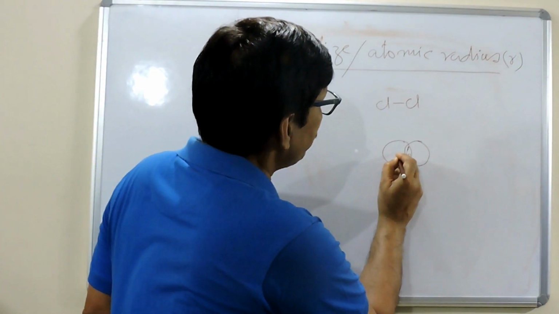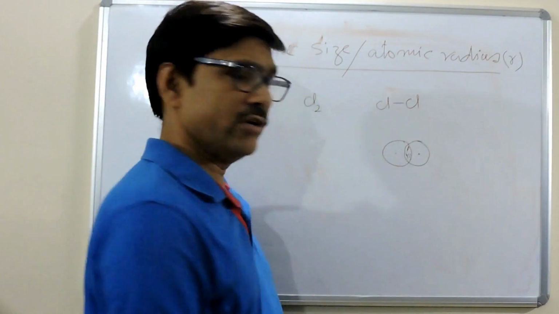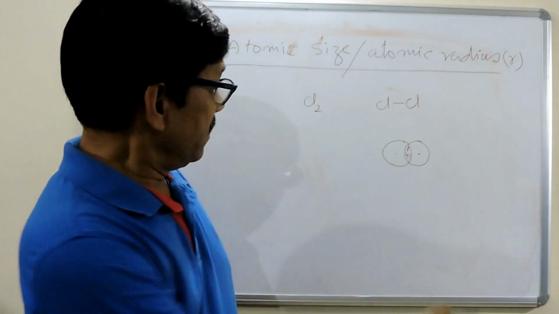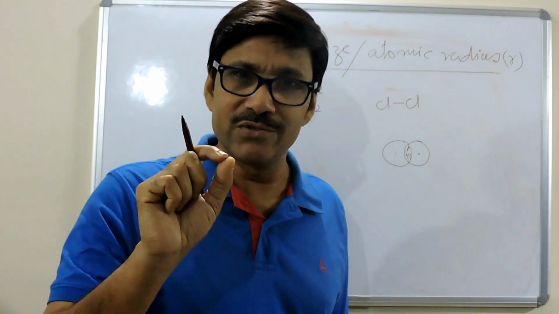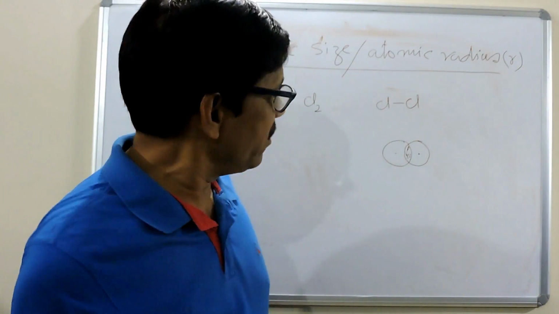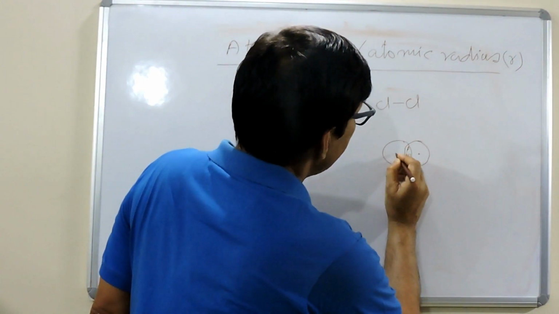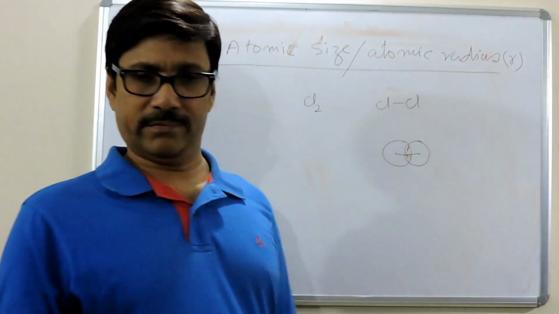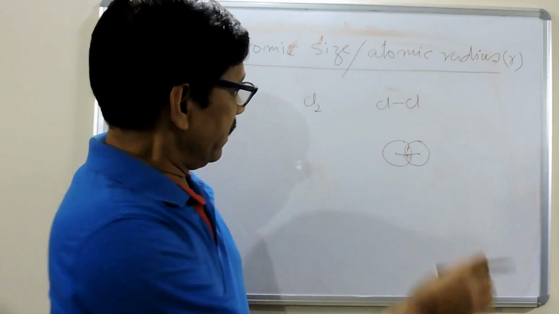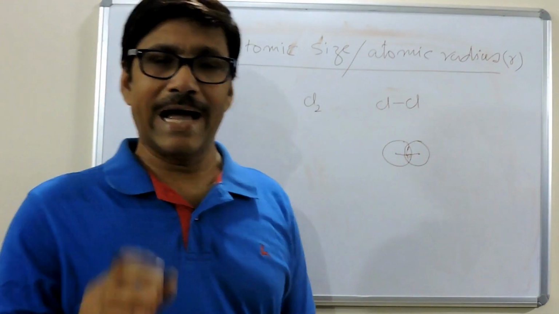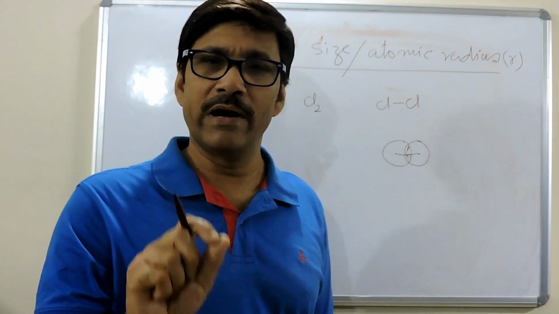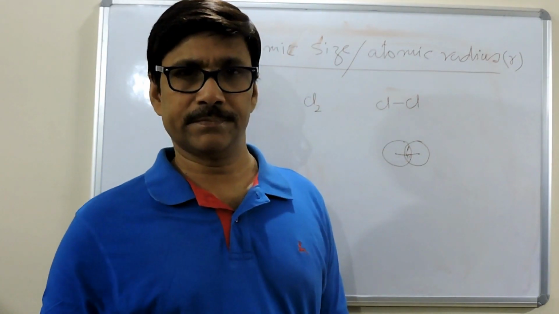This is the nucleus of one chlorine atom, this is the nucleus of another chlorine atom. Shells are not well defined, but the nucleus is well defined. What we can do is find the distance between the two nuclei. If we take half of the distance between the two nuclei, that is considered as the covalent radius of the atom.